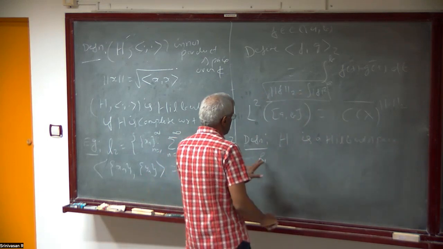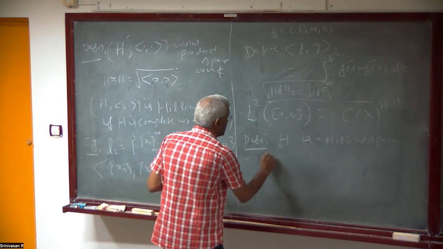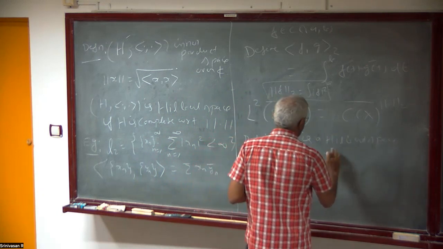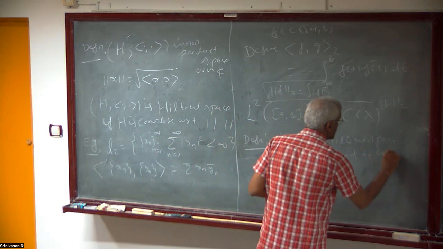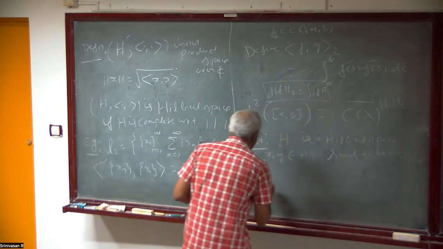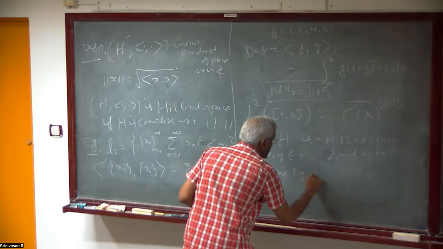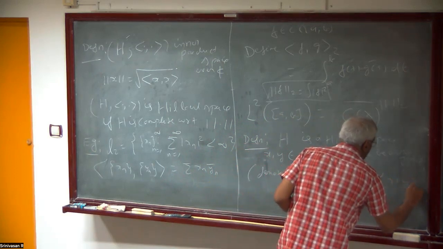Then, as a set, let's say x, y in H, and x is said to be orthogonal, denoted by x is orthogonal to y, if the inner product between them is 0.